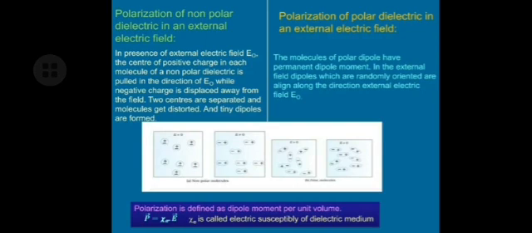It is given by the formula capital P equals chi E times electric field E. Here chi E is called the electric susceptibility of a dielectric medium. So remember this formula, this is important.